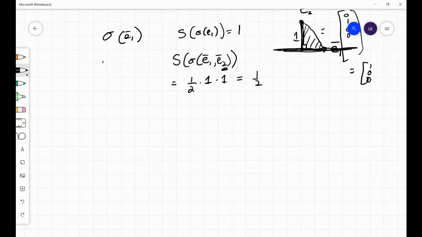Okay, so if you look at the 3-dimensional version, you have E1, E2, E3.